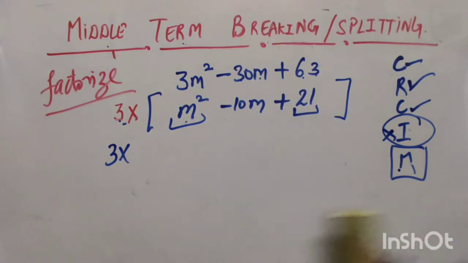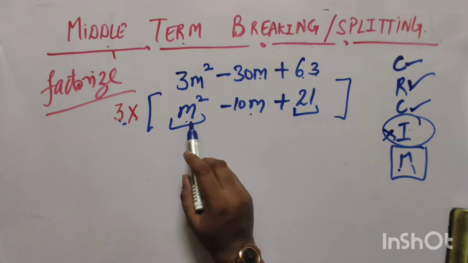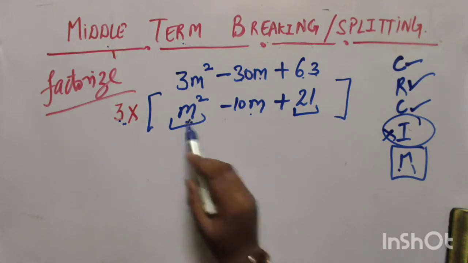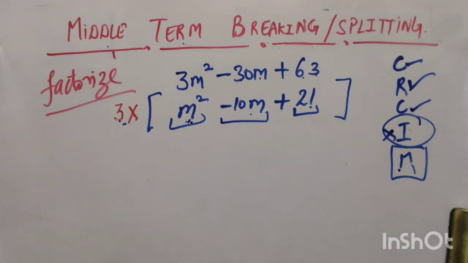As you can see here in the bracket, we have 3 terms. So the first term will be this, the second term will be this, and this will be taken as the middle term. Now, how we are going to split that term, I will show you.